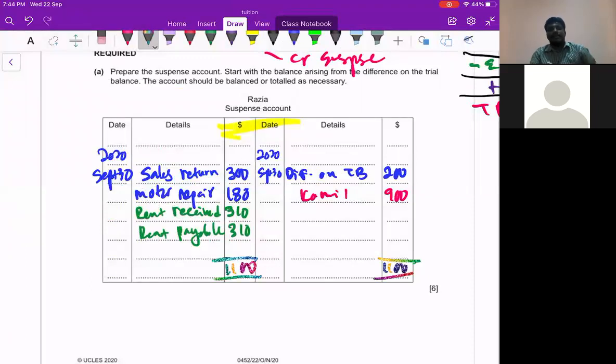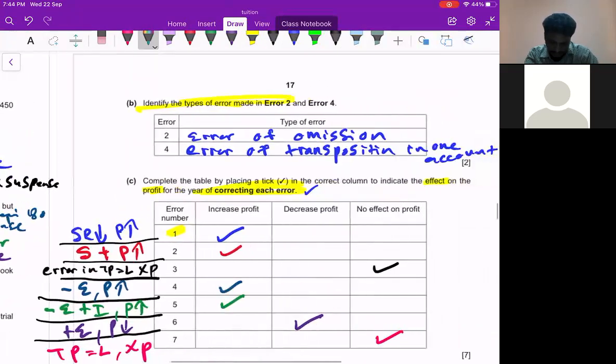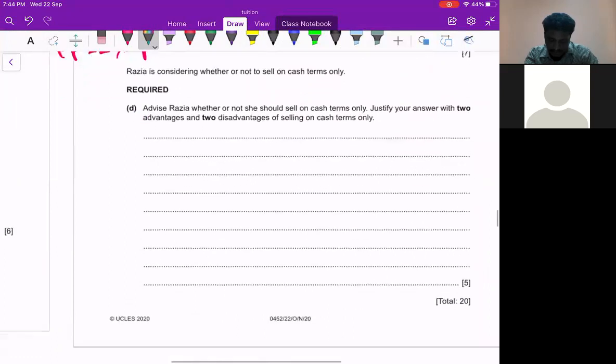So my total debit and total credit is same. So suspense settled. Can a suspense account sometimes have a balance c/d? Yes, which is you didn't really encounter all the mistakes. Okay. So after this, we have done the B and C also. Last one.